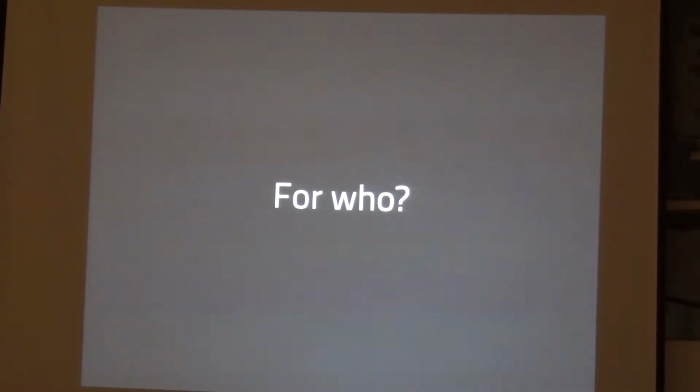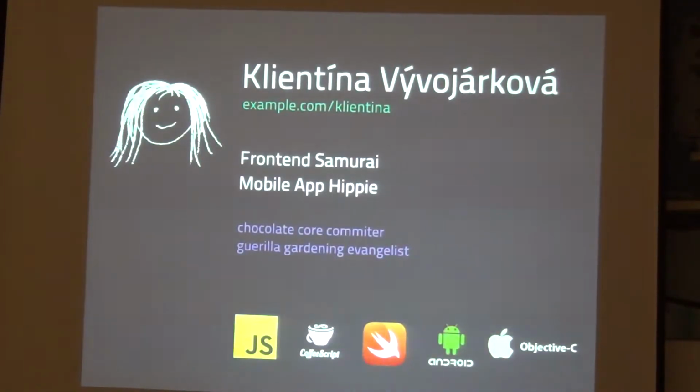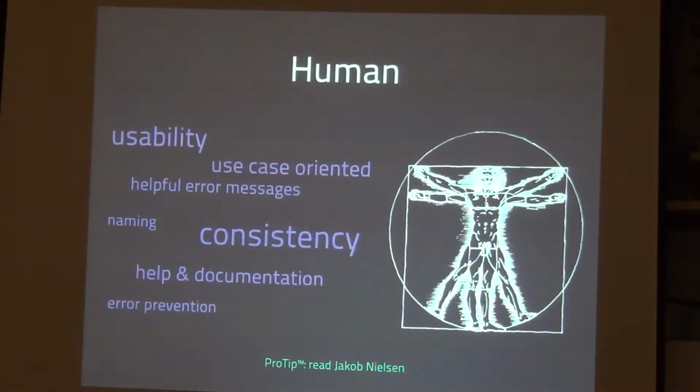So who are these guys? I'll present you one typical front-end developer. Her name is Valentina. She's a front-end samurai, mobile and web. She knows everything from JavaScript, CoffeeScript, she knows Swift, she can code for Android, she knows Objective-C. She's a perfect front-end developer. And she's human.